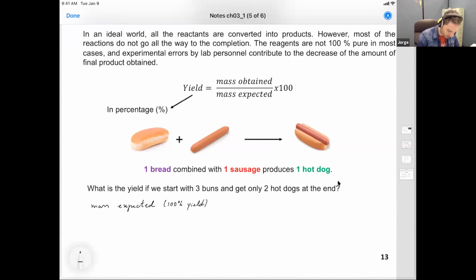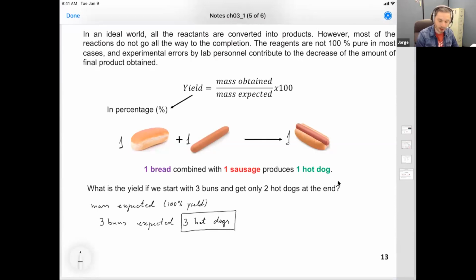So if we start with 3 buns, because the ratio is 1 to 1 to 1, the expected amount of hot dogs here would be 3 hot dogs. Okay, so this is what is expected.